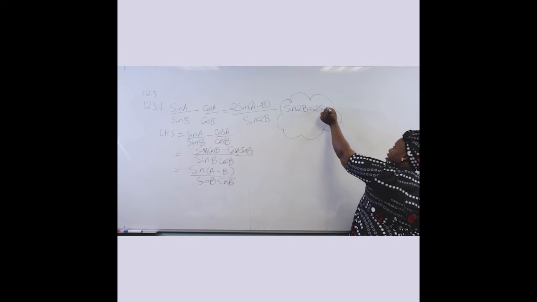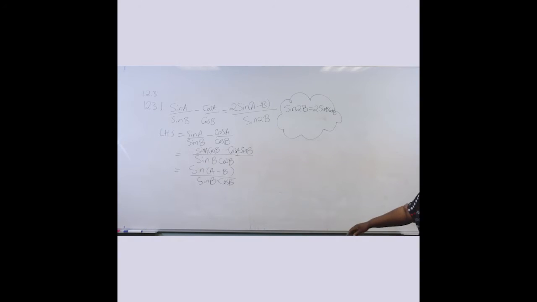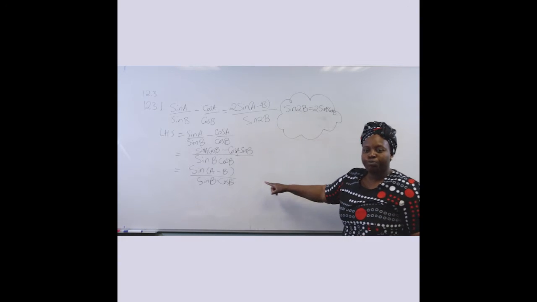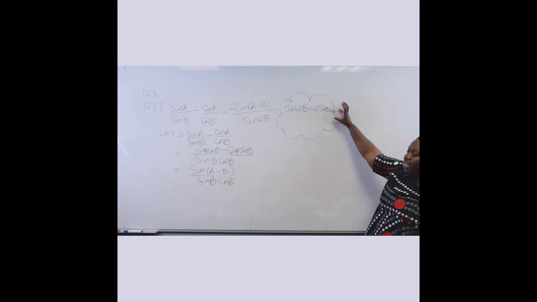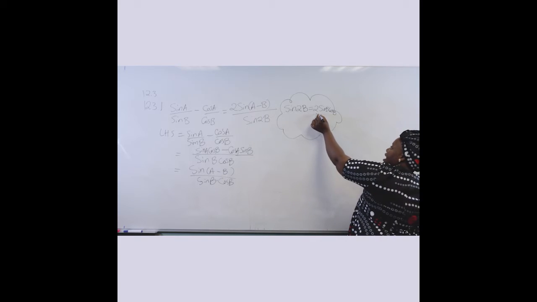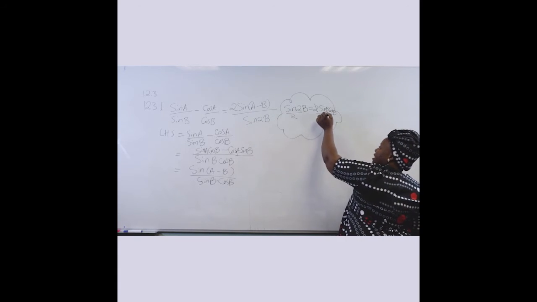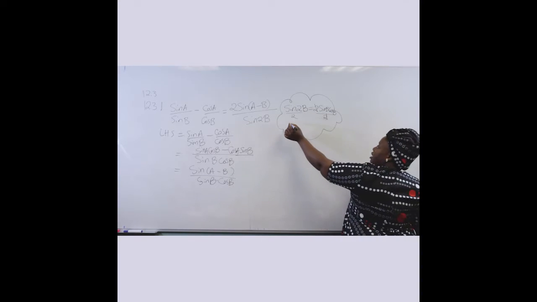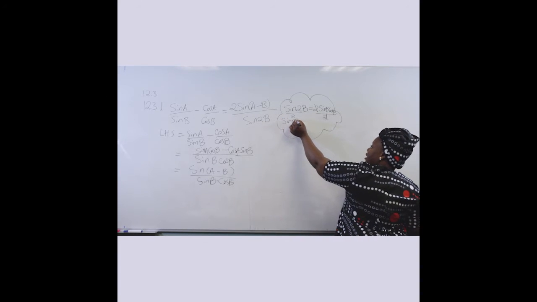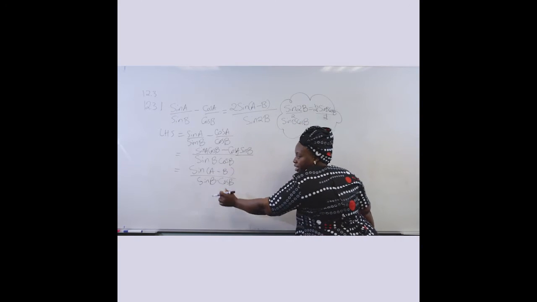sine B cos B. Now, if I want sine B cos B to be the subject of the formula in this double angle, I must divide both sides by 2. So if I divide this side by 2 and that side by 2, the 2 will cancel and I'm left with sine B cos B, which is what I'm having there in the denominator.